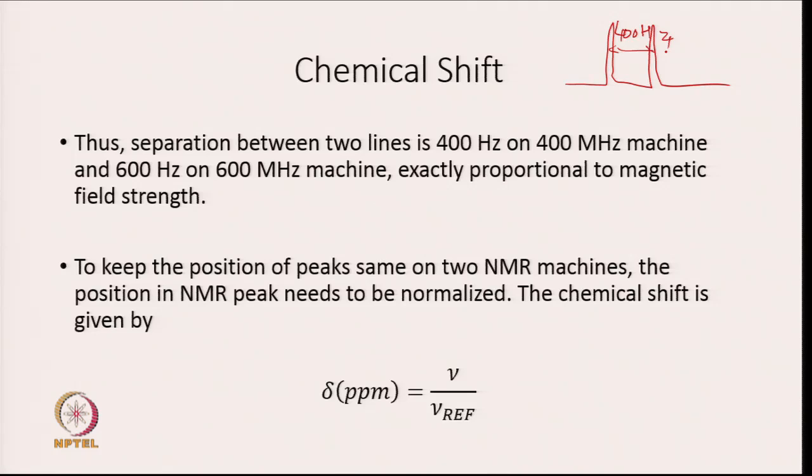So, what we can do is we can simply divide by nu ref. Let us write the normalized shift, which is given by nu by nu ref. So, if we do that, then we will get one value. Let us do it.